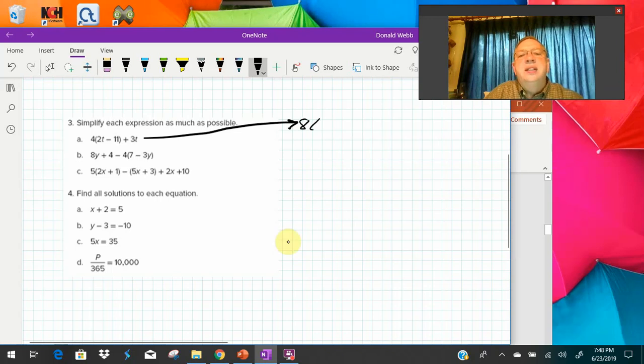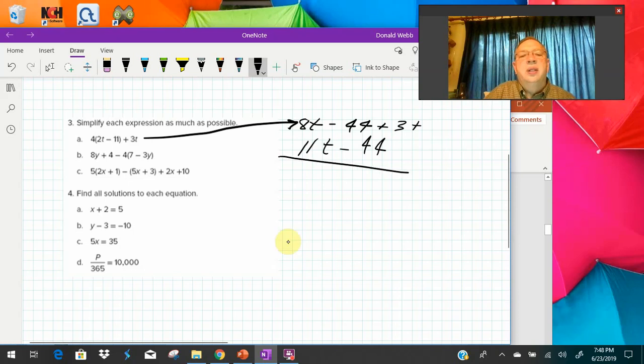Well, that's 8t. 4 times minus 11 is minus 44 plus 3t. And now we've got it expanded out. We can group 8, 9, 10, 11t. So 11t minus 44. We can't do anything else with that.